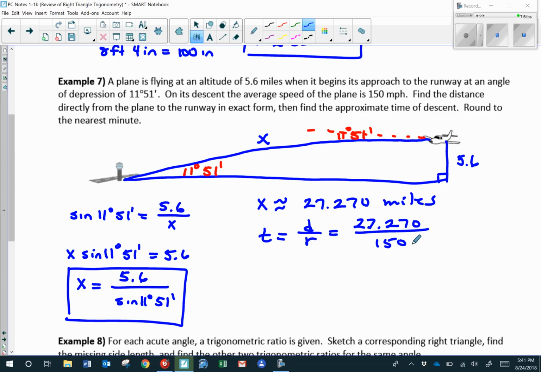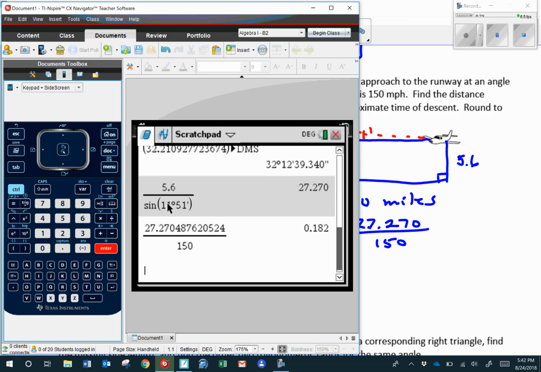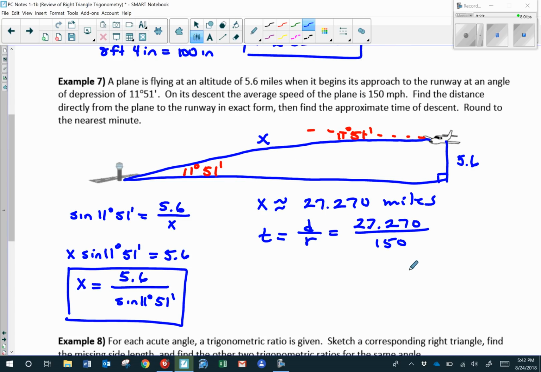In order to be entirely accurate, I want to use the answer that's already in my calculator, because even though the calculator rounded it off for us, it still stored all the digits of that answer to its most accurate form. So I'm just going to divide that result by 150 miles per hour, and that gives us 0.182 hours.